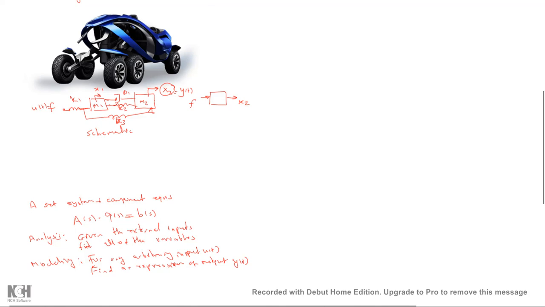Typically, for mechanical systems, we use Newton's approach to find this set of system equations, or we can use the Euler method, or there are some other techniques. They are basically driven by conservation of energy and mass properties.